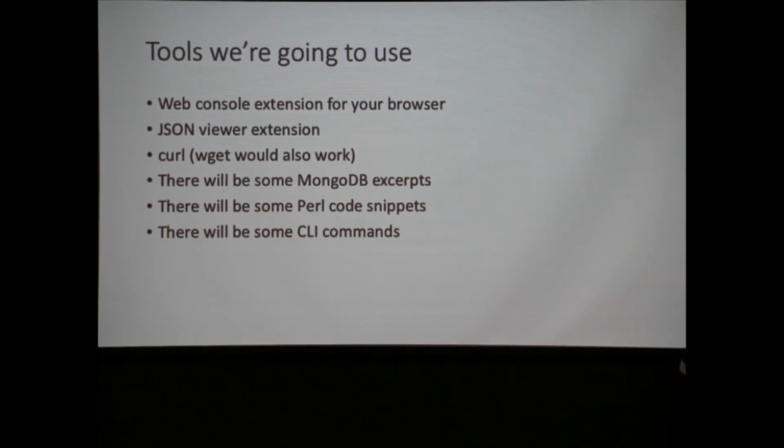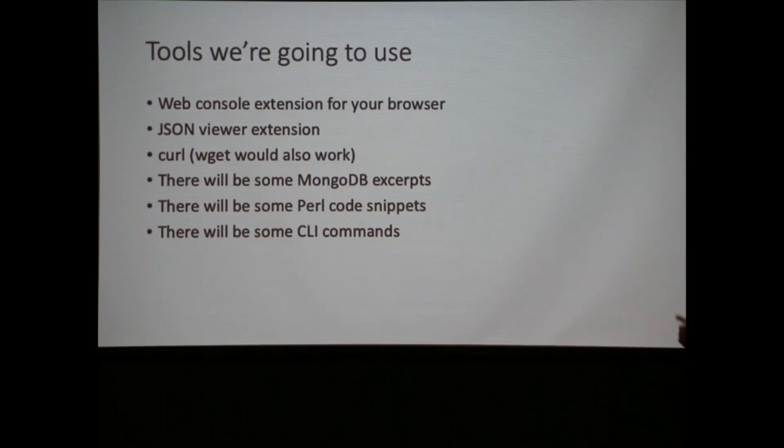We'd like to use a JSON viewer extension so that every JSON data that we try to analyze will look nice, not like just one long string beyond any understanding. We'll use curl. It's a command line tool to get web pages. The alternative is wget. Wget once was more popular, now curl is more popular.